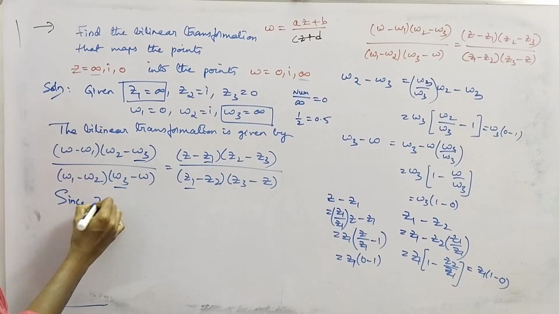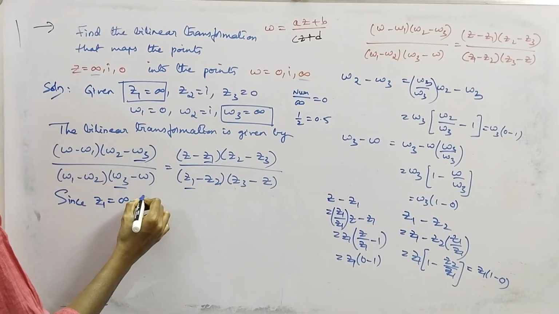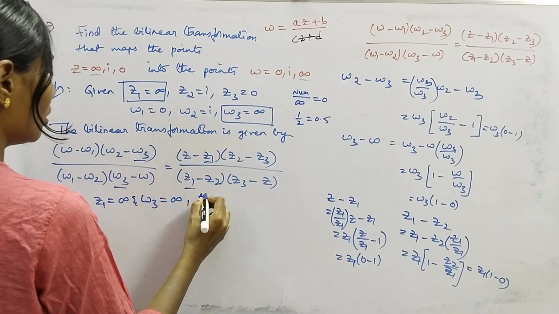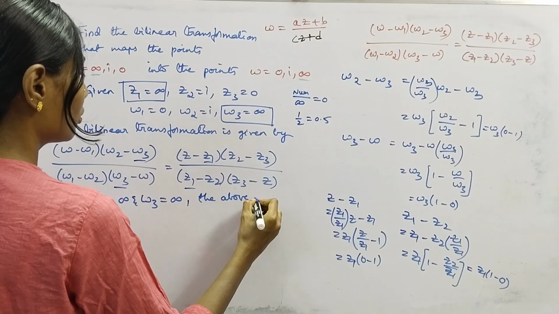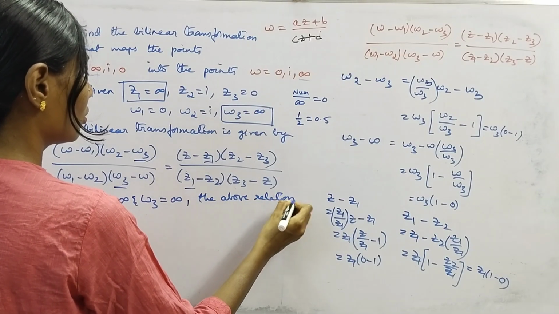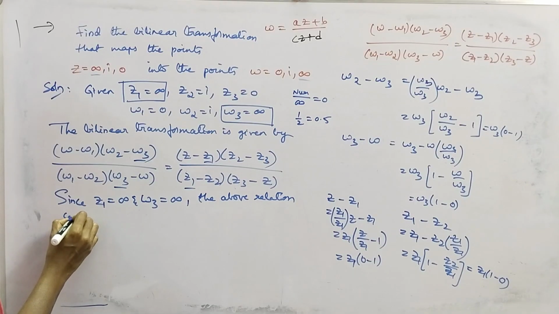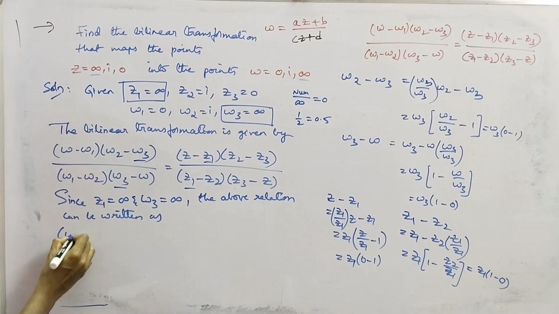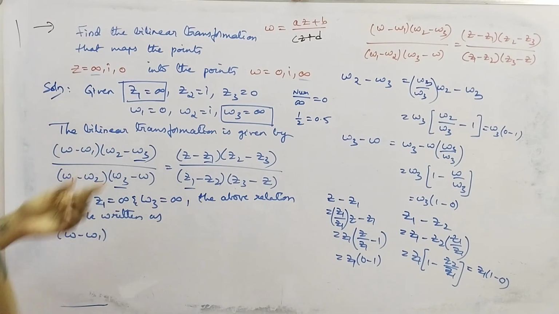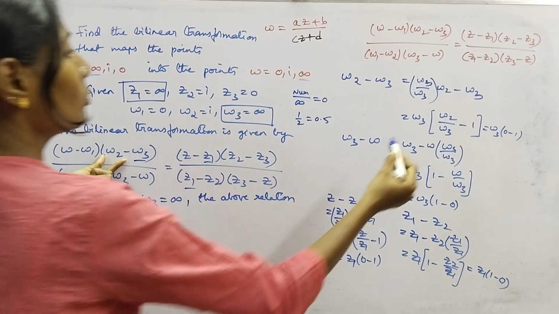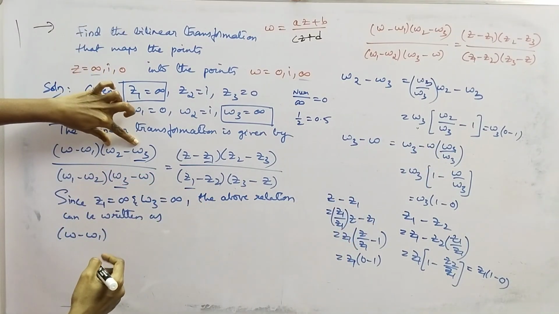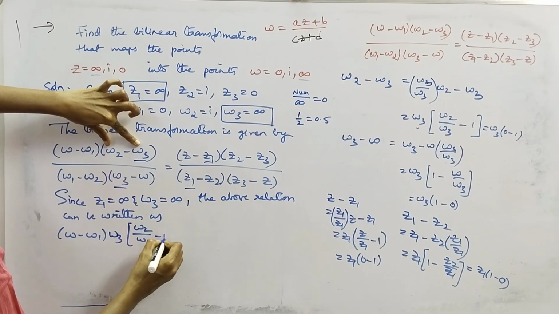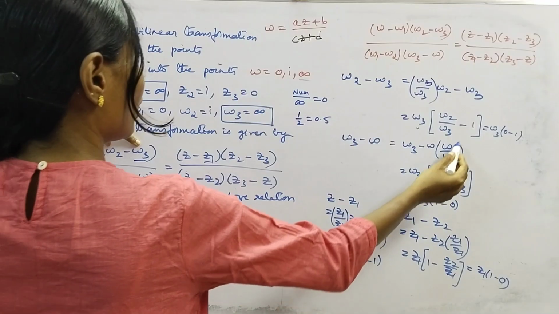Since Z1 equal to infinity and omega 3 equal to infinity, the above relation can be written as omega minus omega 1 into omega 2 minus omega 3 can be written as omega 3. Just take omega 3 common from these two terms, you'll get omega 3 times omega 2 by omega 3 minus 1. Okay, I showed you, right?